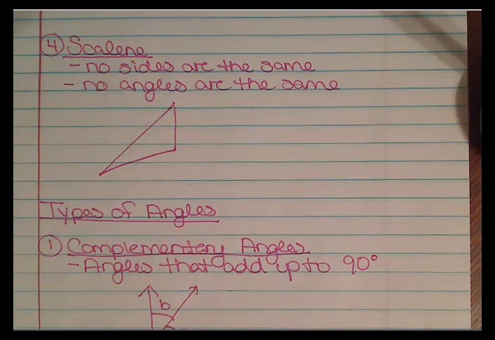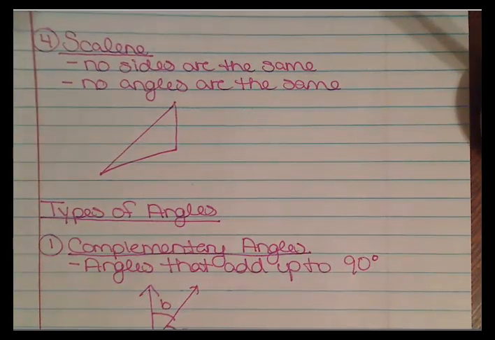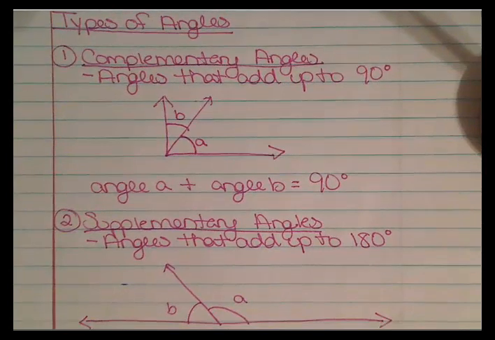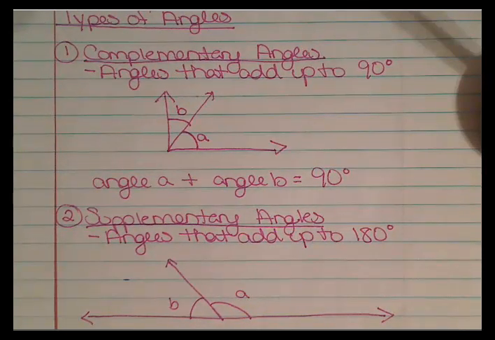There's also 2 different types of angles that you could encounter. I'm going to try and put all of that up there at once for you. The first type of angles that you can have are known as complementary angles. These are angles that add up to 90 degrees.